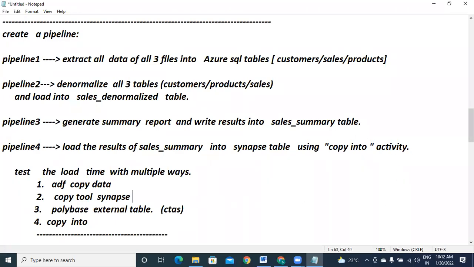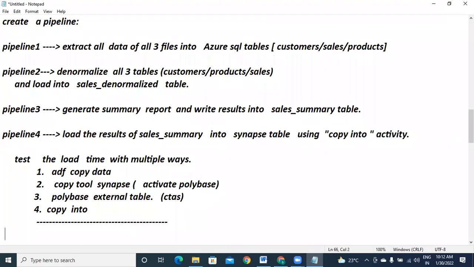Here in the copy tool, activate PolyBase. In the copy data tool, don't touch PolyBase. So here you are trying to load, especially in the last pipeline, sales_summary.